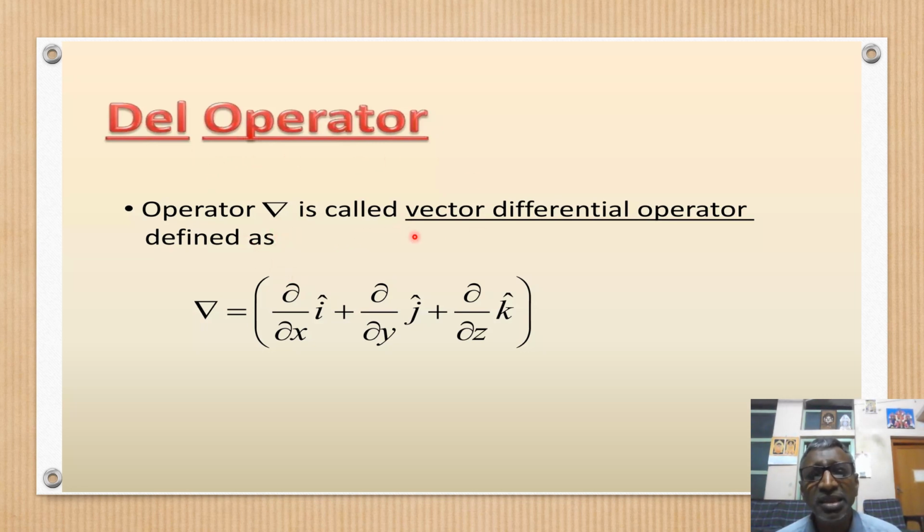Operator del is called a vector differential operator, defined as del equals dou by dou x of i plus dou by dou y into j plus dou by dou z into k. So this is called the operator, also known as the del operator. The del operator is used to work on scalar point functions as well as on vector point functions.